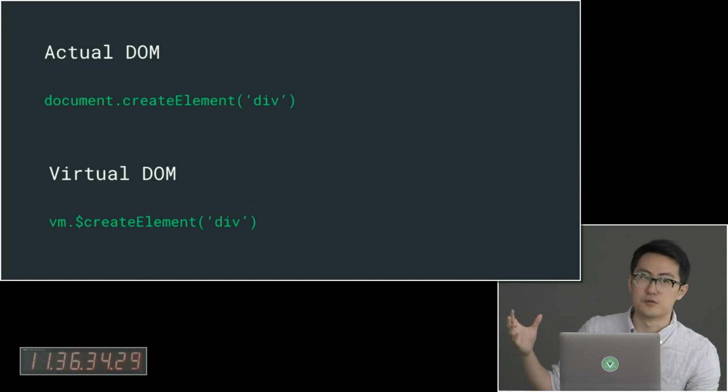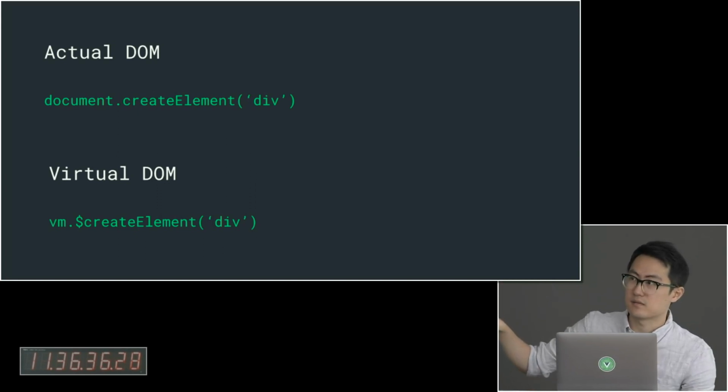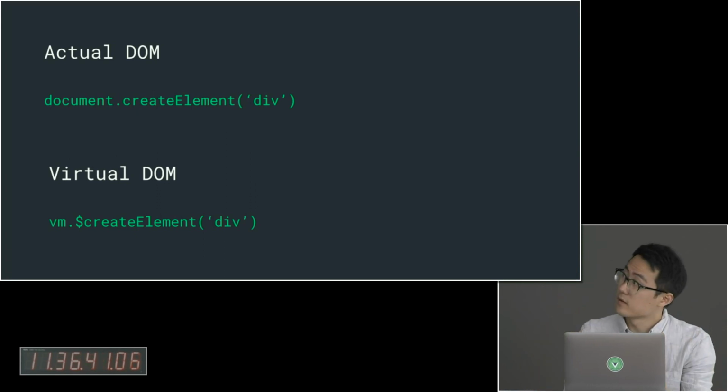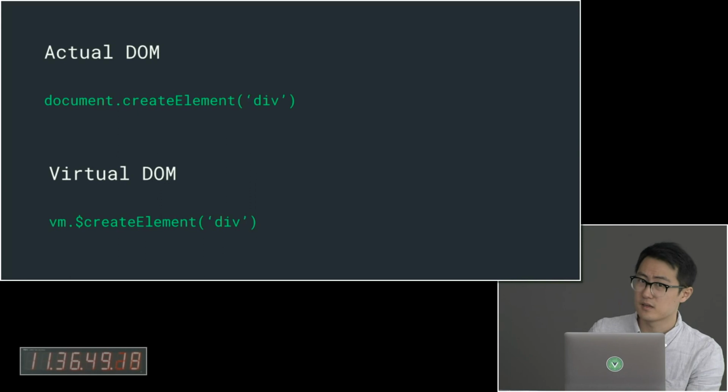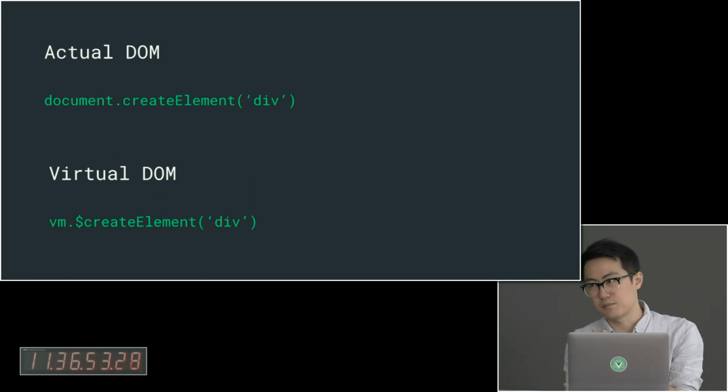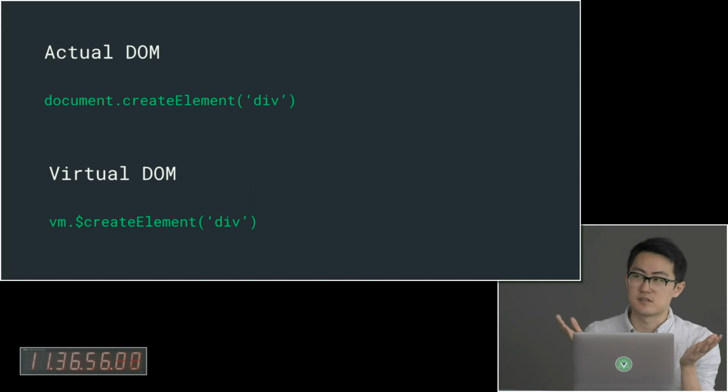We don't actually get to touch most of it. It just exposes the API in JavaScript for us to work with. In comparison, for virtual DOM in Vue, on each instance there's this $createElement function, which returns a virtual node that also represents a div, but it's just pure JavaScript. It's just an object.